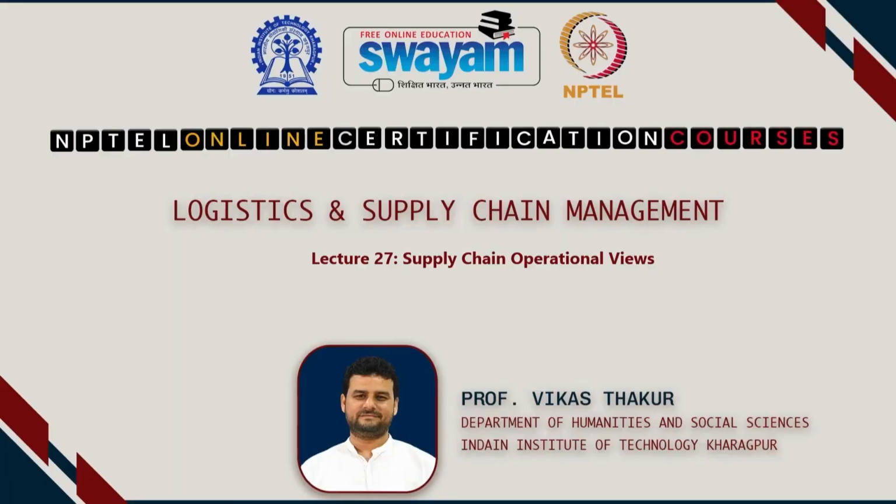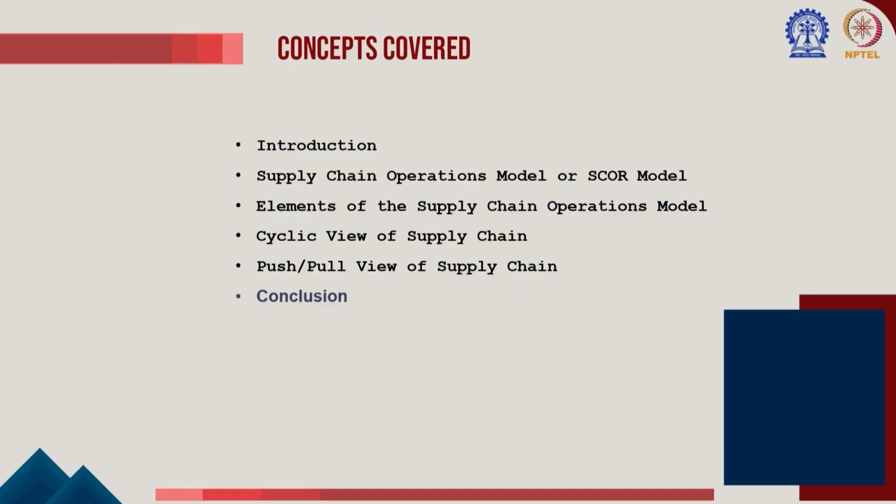Today we will talk about some of the operational models of supply chain which will ensure how we can integrate all the stakeholders, all the activities in one chain so that these uncertainties can be minimized and the overall effectiveness and efficiency can be improved, right. Under this we will discuss the very basic model of supply chain, that is the core model, and then the elements of the supply chain operational model.